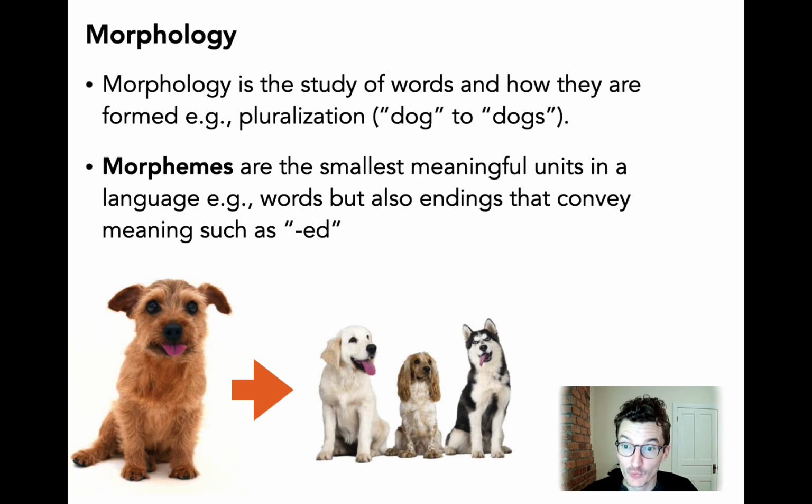These tend to be words, but they can also be word endings. The ending ed carries some meaning, so we consider that a morpheme on its own. Pluralizations, like adding s to a word, carry some meaning, so we consider them a morpheme. Dog is one morpheme, and dogs consists of two morphemes. Morphology, again, is just the study of how words are formed.